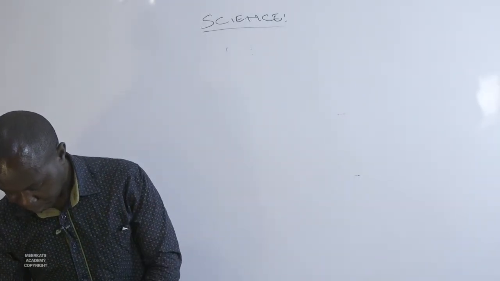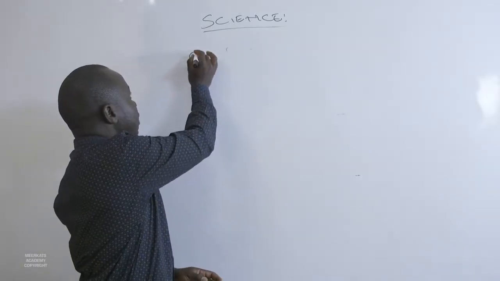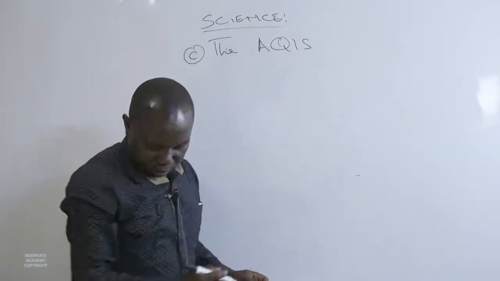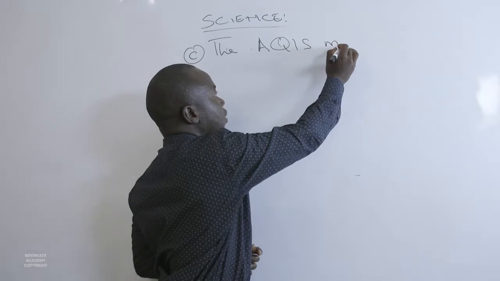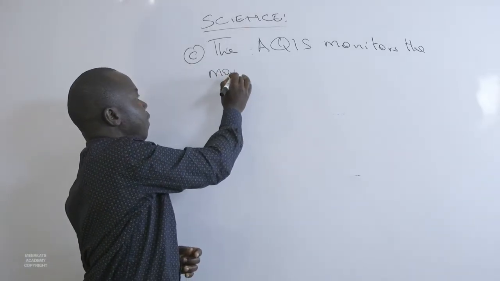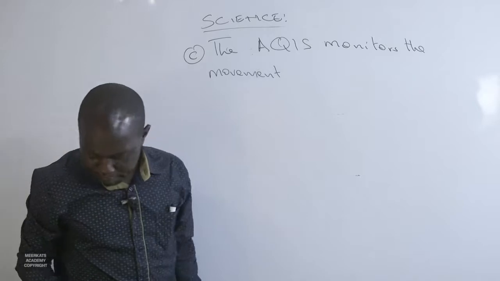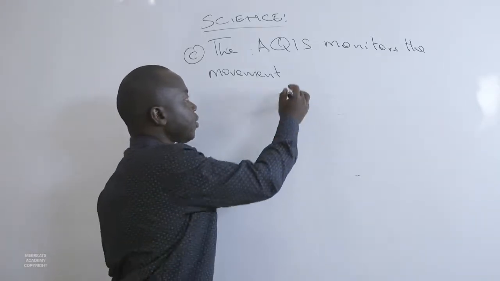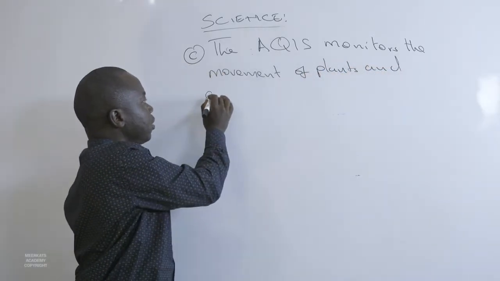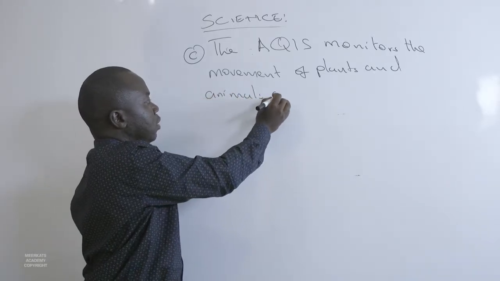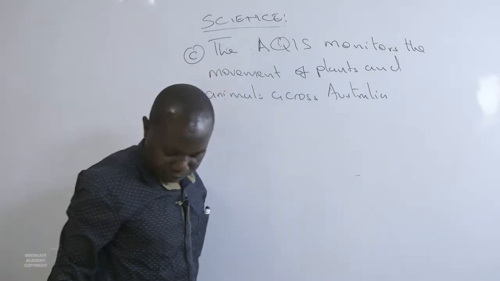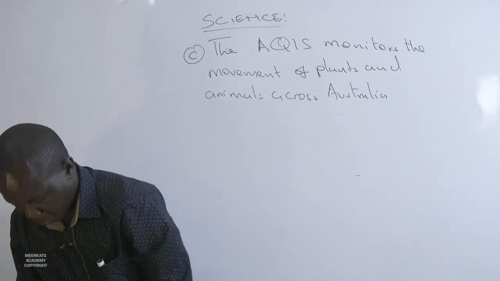Then part C, the Australian Quarantine Inspection Service monitors the movement of plants and animals across Australia, between states and regions.